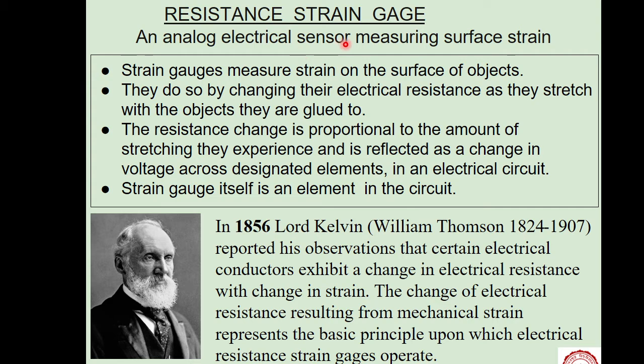It measures strain at the surface of a body, because we can only fix the strain gauge at the surface of the body. We cannot fix it inside the body. That's not possible. So when the strain gauge is subjected to a strain field, its electrical resistance changes, and that is what we measure.